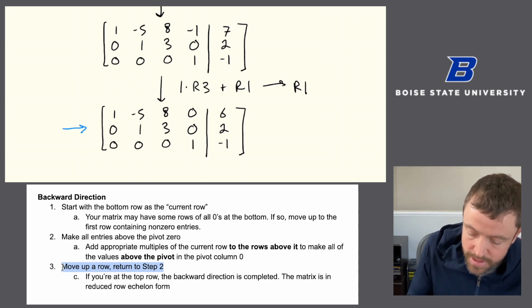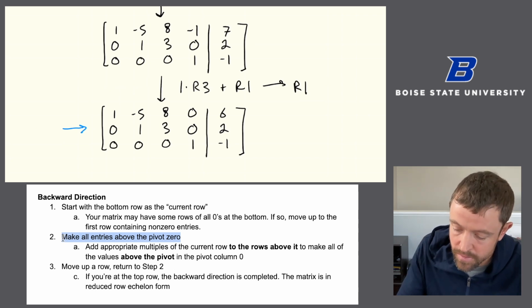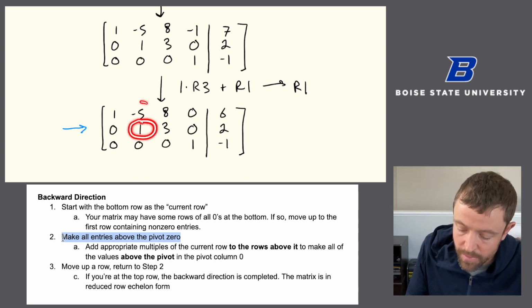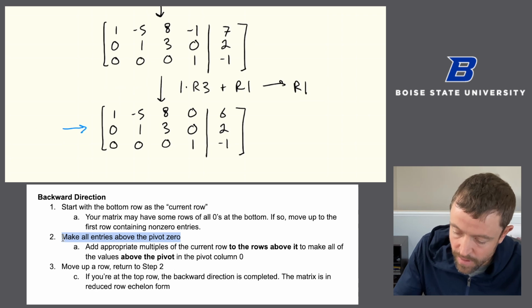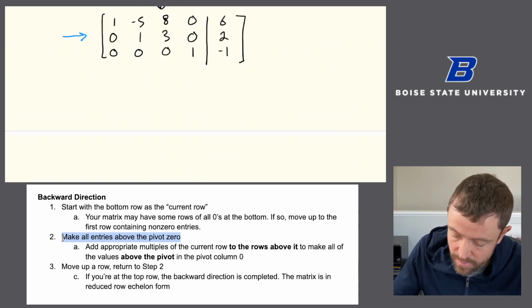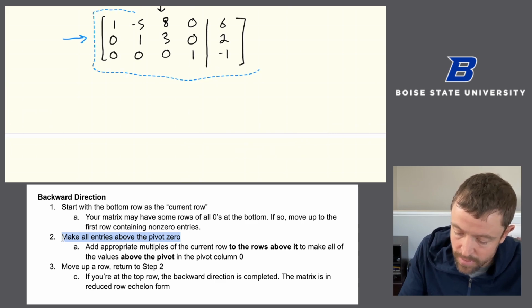I'm going to hop up to the second row. And I'm going to make all the entries above that pivot 0. This is the pivot. I want to make this thing a 0. So I'm going to need to add 5 times row 1. Move this thing down.